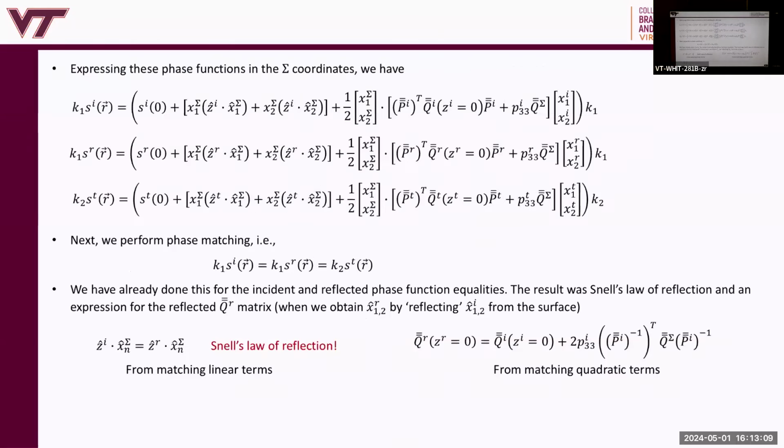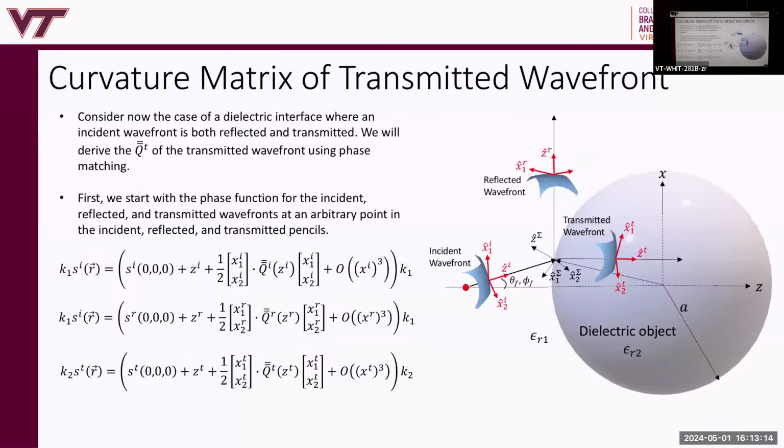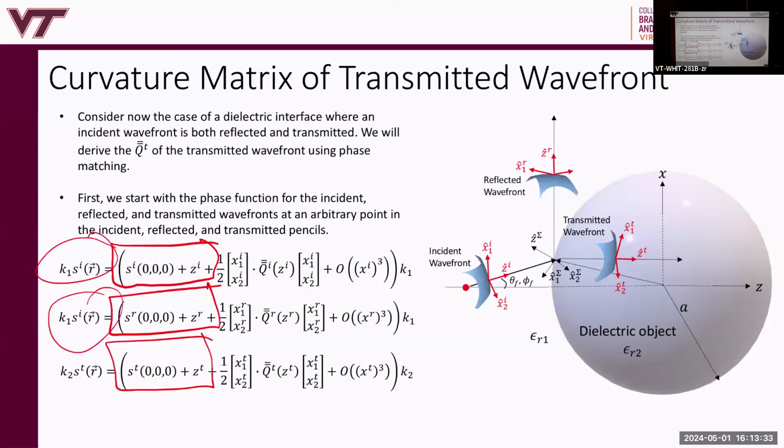Look here. The phase function of a plane wave is only this, right? Along the ray, the phase changes only based on the k vector and the distance along which you have traveled from the reference point to the observation point, right? And if you do phase matching, Ks incident equal to Ks reflected or Ks incident equal to Ks transmitted with only the linear terms, you do exactly the same thing as you did in undergraduate electromagnetics.